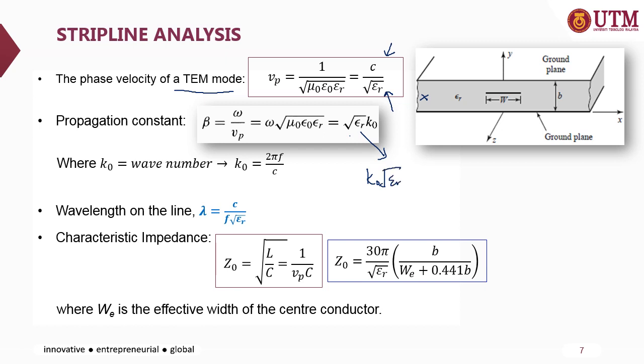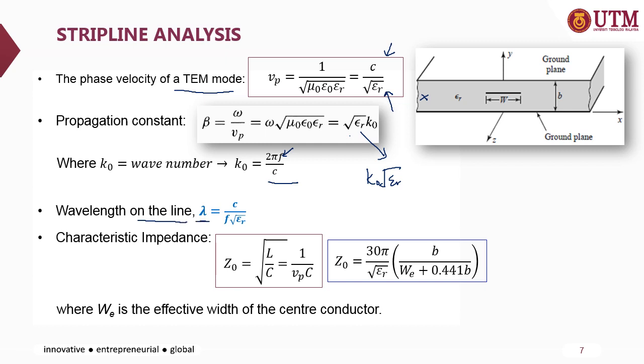So epsilon R is again the relative permittivity of the material, and k naught is the wave number given by this equation, 2 pi f, the frequency of operation, divided by the speed of light, and the wavelength of the line equal to lambda.